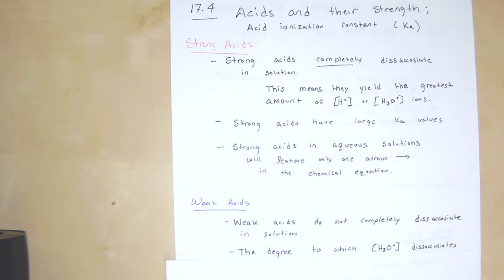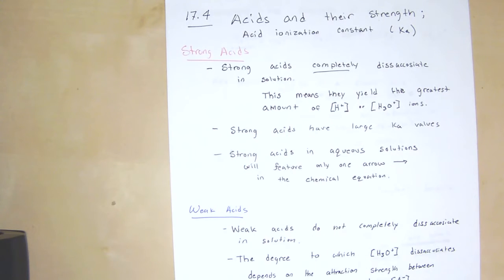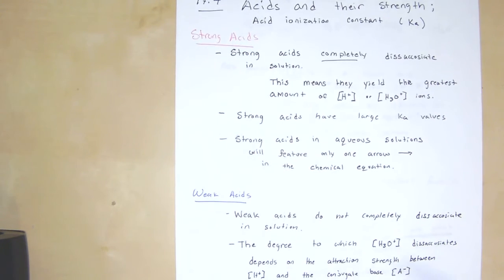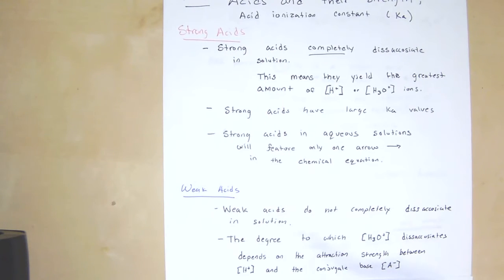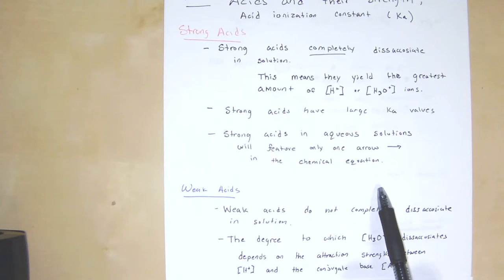For weak acids, they do not completely dissociate in solution. So there's going to be a little bit of a back and forth there. Some of the hydronium ions are going to go from the A side of the reaction to the B side of the reaction.